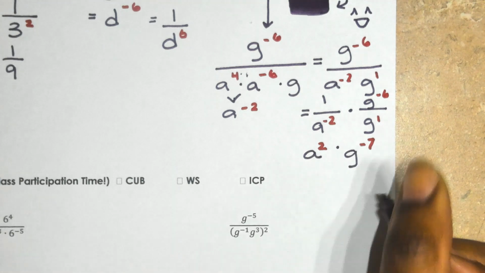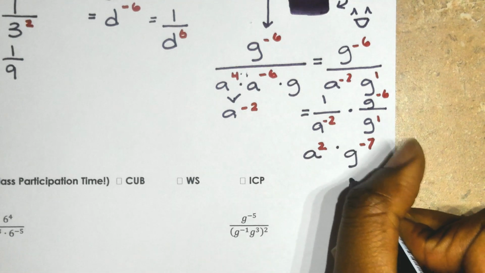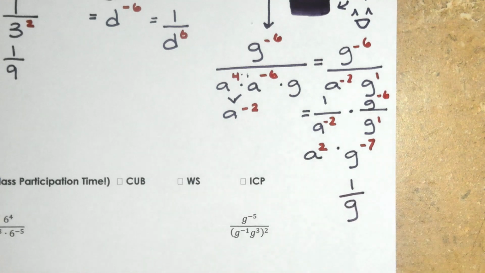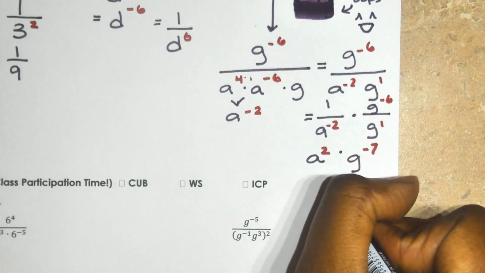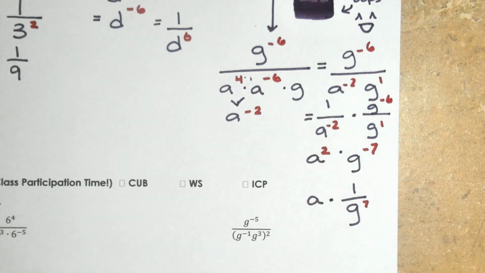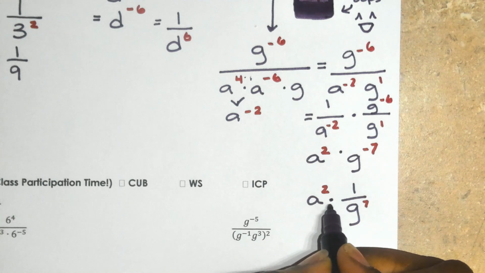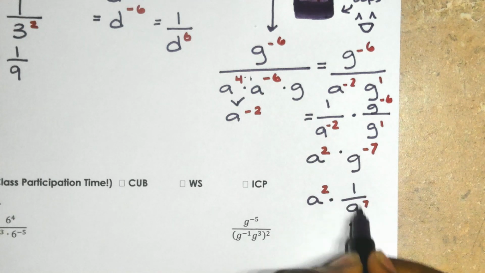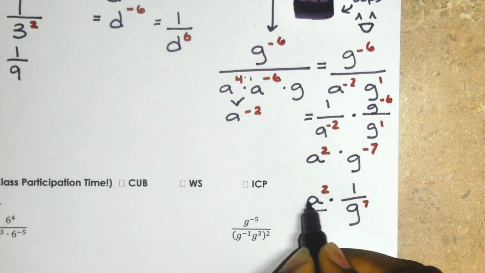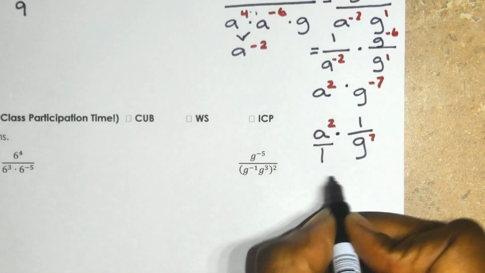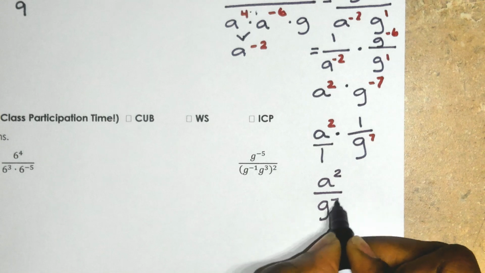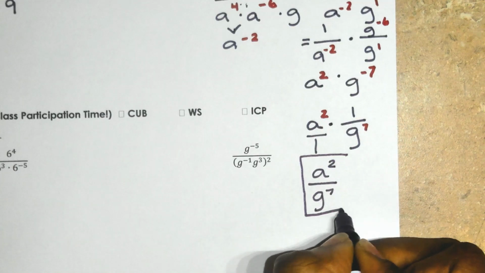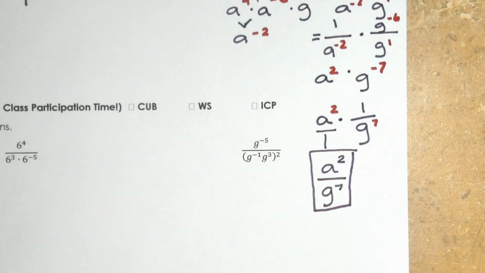So g to the negative 7th power is equivalent to 1 over g to the 7th power. Alright, so I'm going to bring down my a term. Now I have a to the 2nd power times 1 over g to the 7th power, and I can multiply straight across and get a to the 2nd power over g to the 7th power. And that is my final answer.